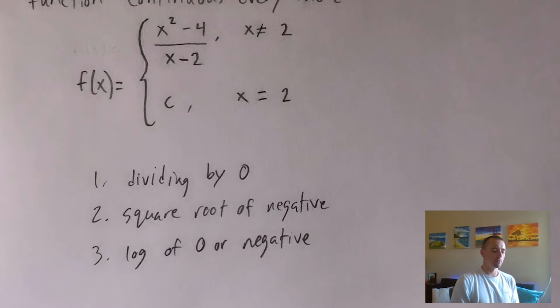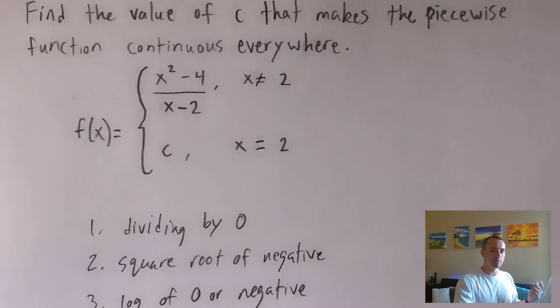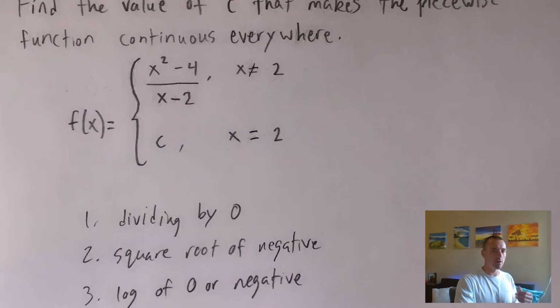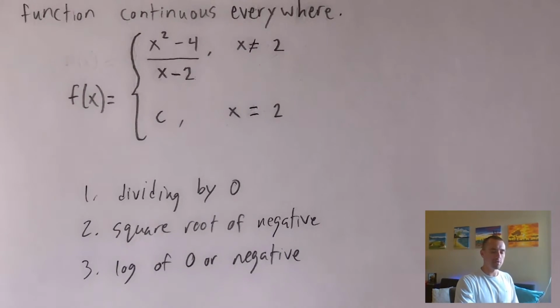These are the three common things because each essentially breaks the rules of math. You can't take the square root or any even root of a negative number, you can't take the log of 0 or of a negative number, and you can't divide by 0. In this case, we don't have any square roots or logarithms, so the one thing we really want to be careful of is not dividing by 0.